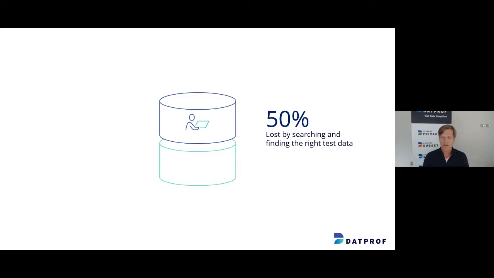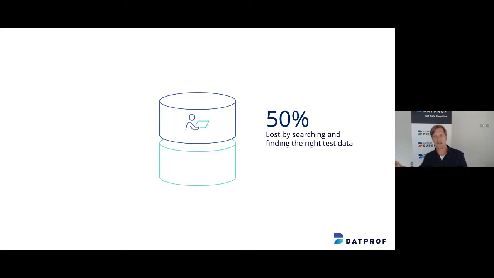The other bottleneck that I mentioned at first is that it takes a lot of time to search and find the right test cases or the right test data. I think from a QA and dev perspective, it's important to have the right test case coverage, because if you have the right test case coverage, you have a bit of understanding that if you go to production, you have software of the level of quality that you might expect.